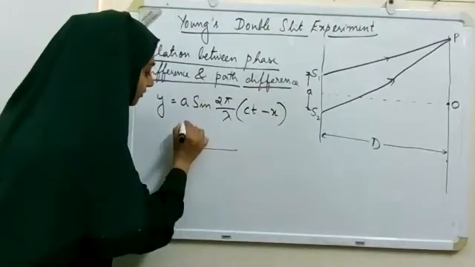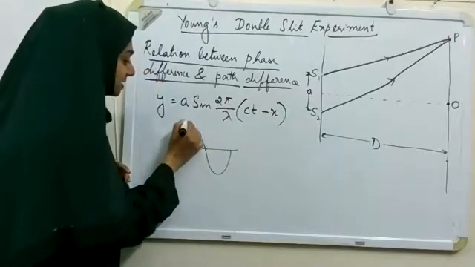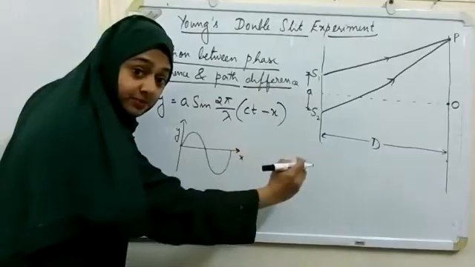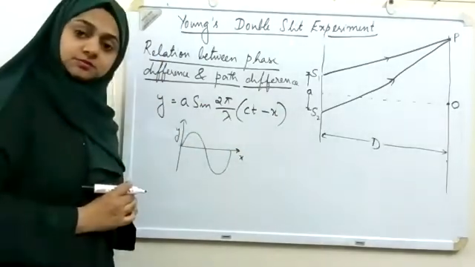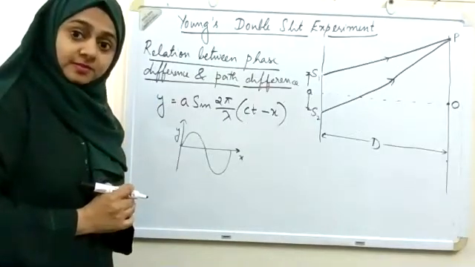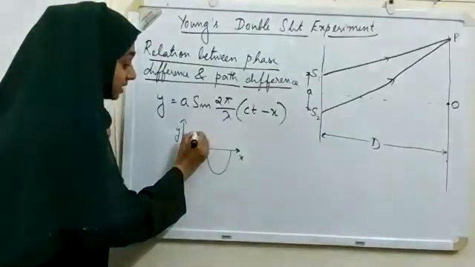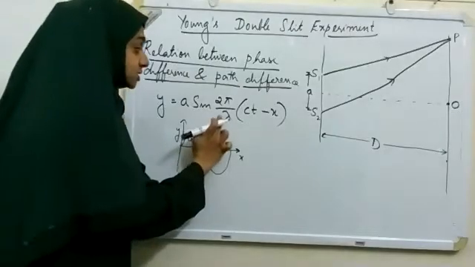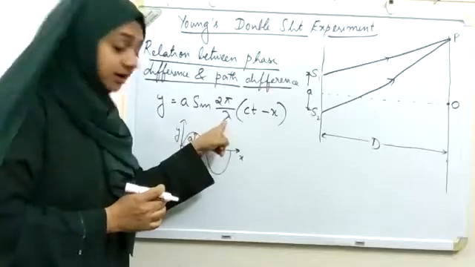Here y means the displacement, x is the distance traveled. And what is a? The amplitude, or the maximum displacement in the y direction. And what is lambda?